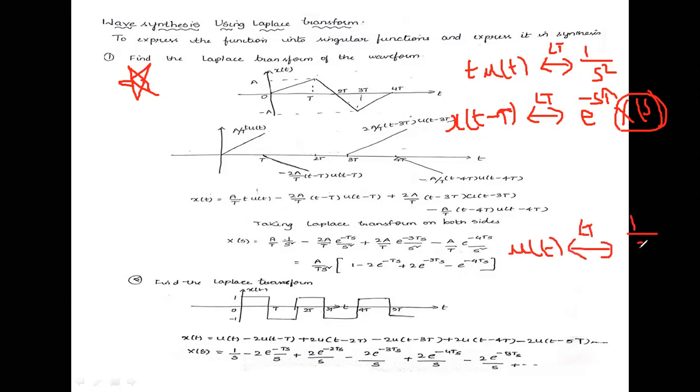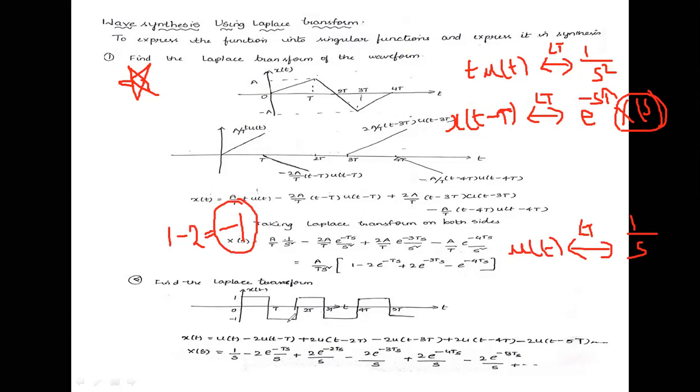It is 1 by s. See the first one, 1 by s, and it is shifted towards the right side by T samples, but it is a minus 2. Why is it a minus 2? Already we have the 1 there, so to get the minus 1, negative sample, plus 1 minus 2, it becomes minus 1.